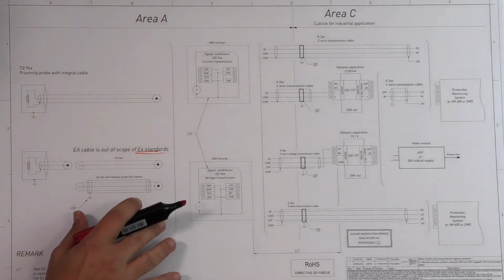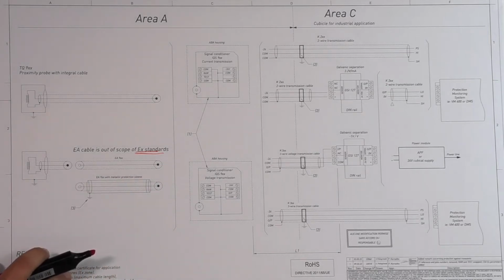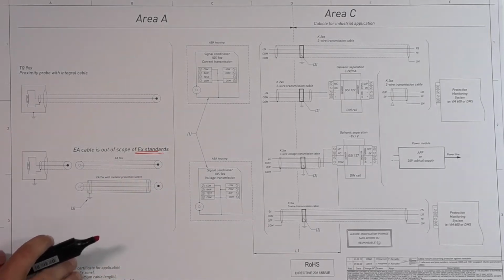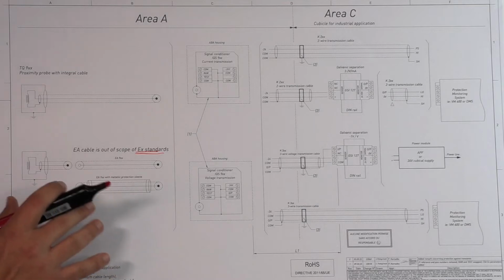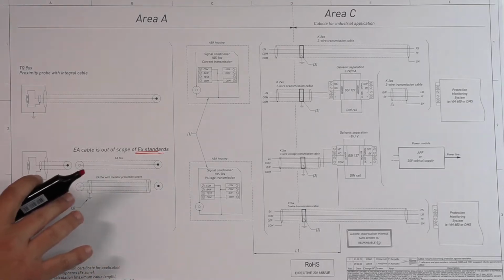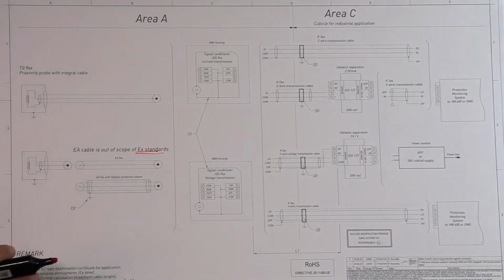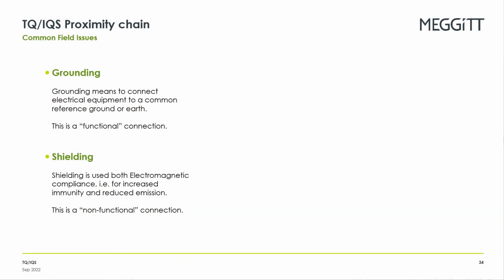Before going into detail in the different connections, we need to separate ground from shield. Grounding and shielding are of course a common subject. We cannot talk about one without talking about the other, but we must bear in mind that they have two different purposes. Ground or grounding is normally something functional.